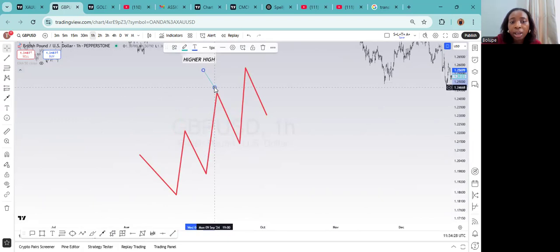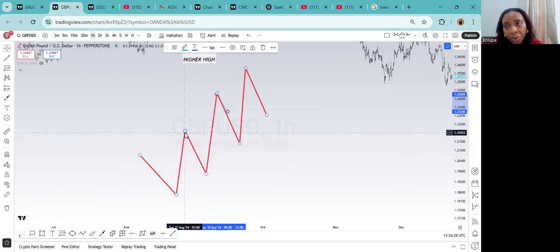This is a higher high right here because this high is higher than this. That's why it's literally called a higher high. There was a high before, but this one is higher.